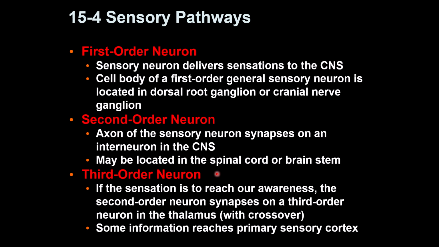So with that exception, other pathways cross and go to the other side. For example, if the sensation is coming from the right hand, then it goes to the left thalamus. So that's the idea. And from there, it goes to the primary sensory cortex, but they don't call the primary sensory cortex or postcentral gyrus a fourth order neuron. They don't say that.